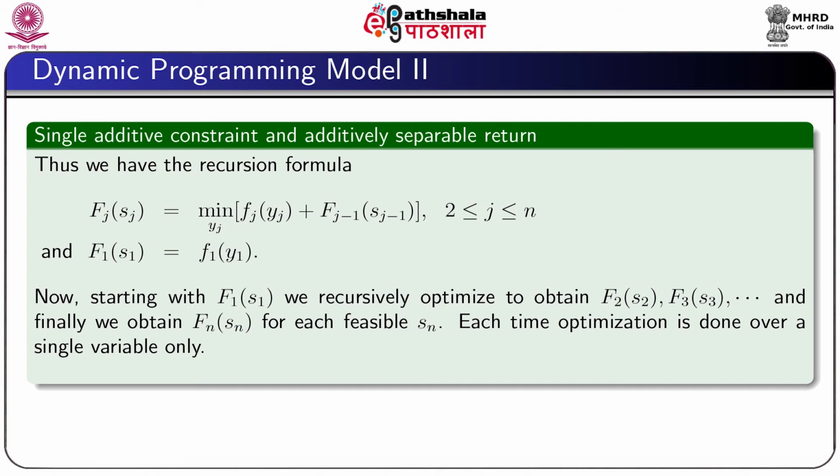Now, starting with capital F1(s1), the recursive optimization is to obtain F2(s2), F3(s3) and so on, and finally we obtain capital Fn(sn) for each feasible sn. Each time, optimization occurs over a single variable.